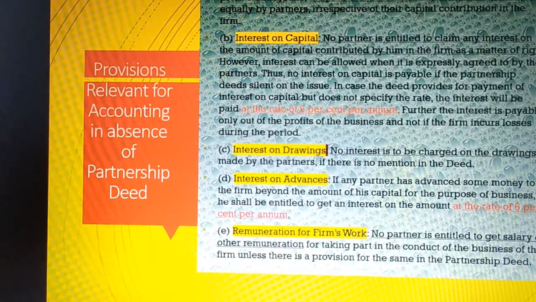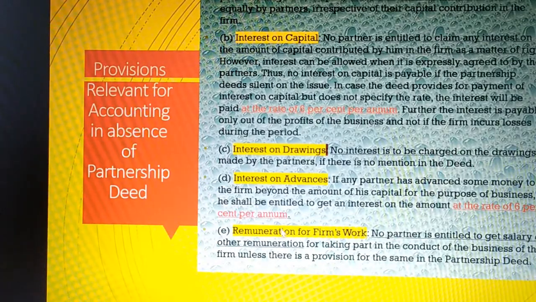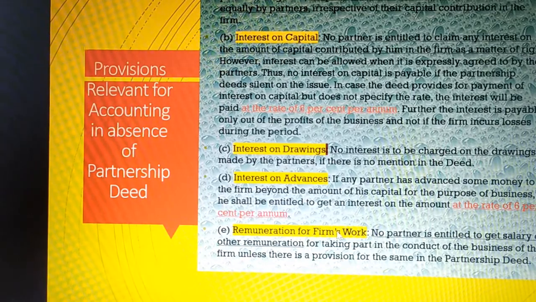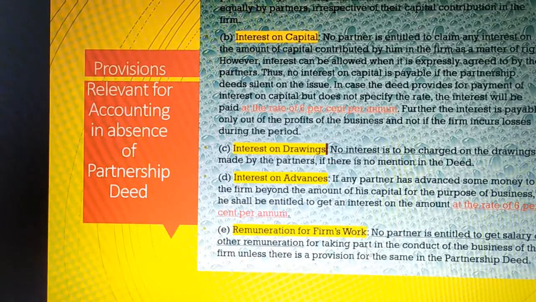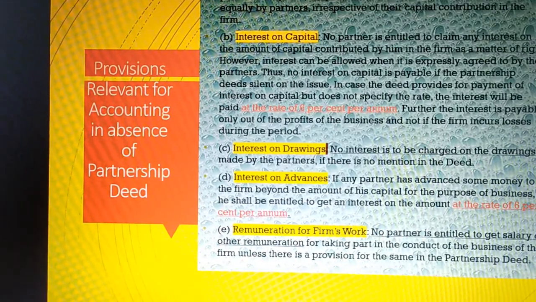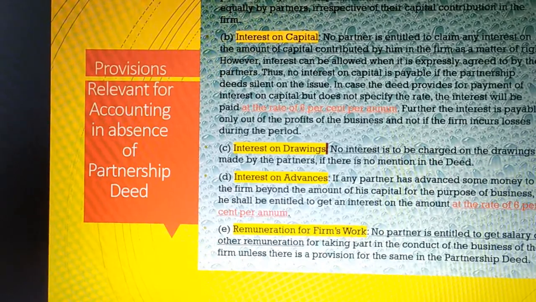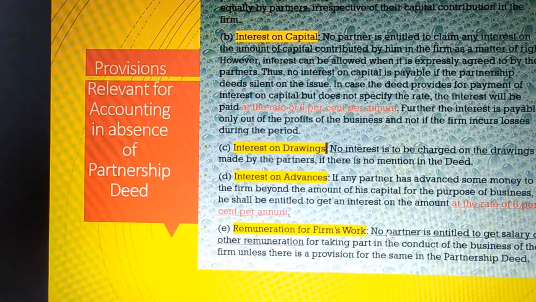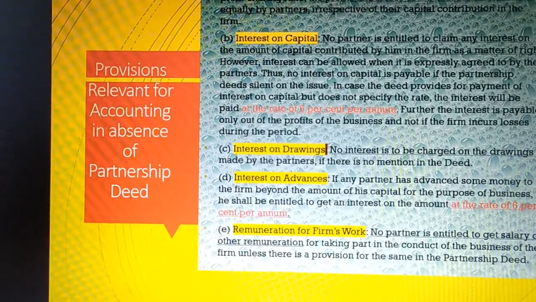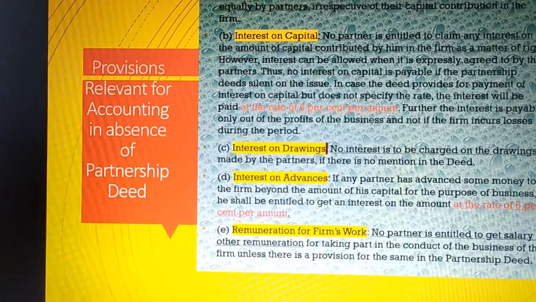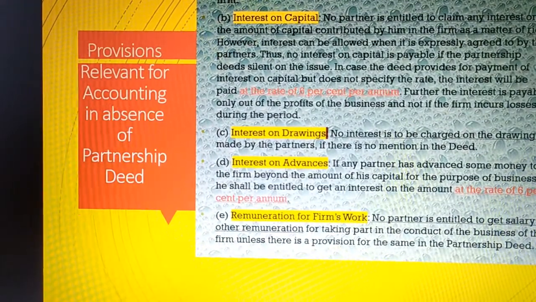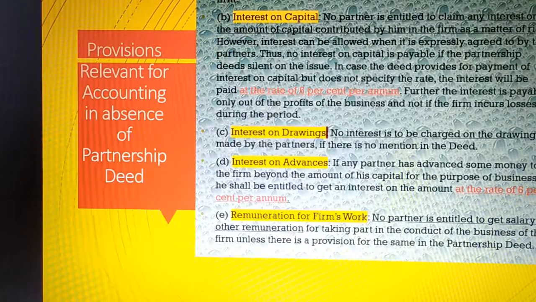And if a partner has worked in an additional role in the conduct of the business, then he will not be paid any remuneration in the form of salary or commission or any other remuneration. Okay, so these are the rules to apply if the partnership deed is silent or if there is no partnership deed.